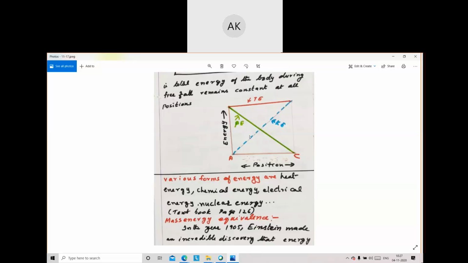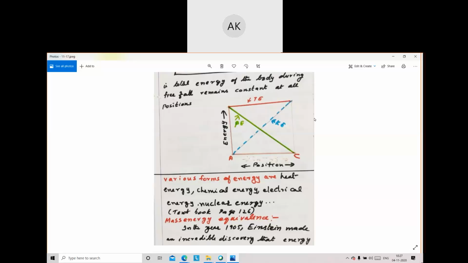The blue graph line drawn represents the kinetic energy. At the initial point, it is held at A, so kinetic energy is zero. Then it increases, and just before it hits the ground, kinetic energy is at its maximum value.